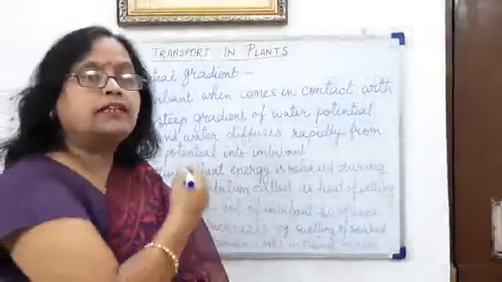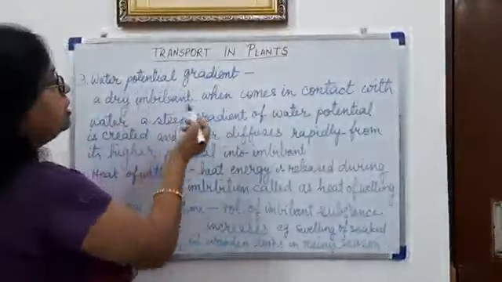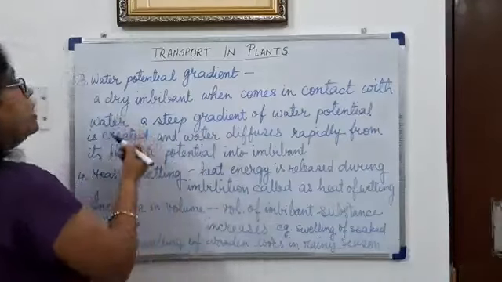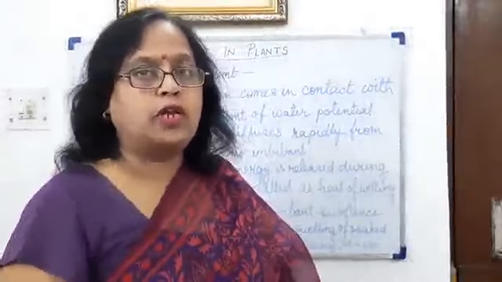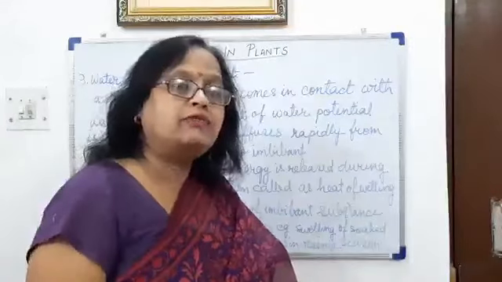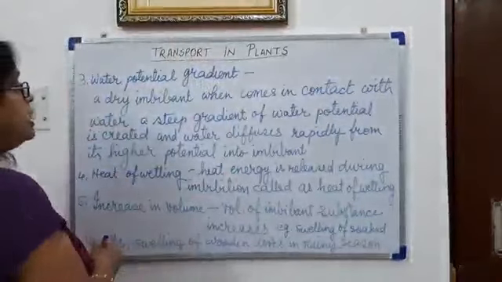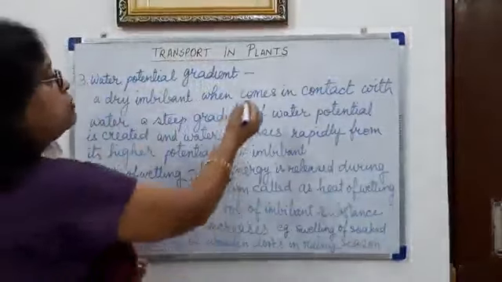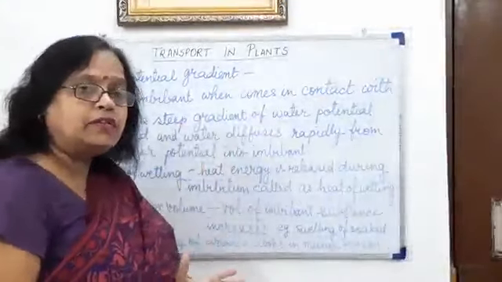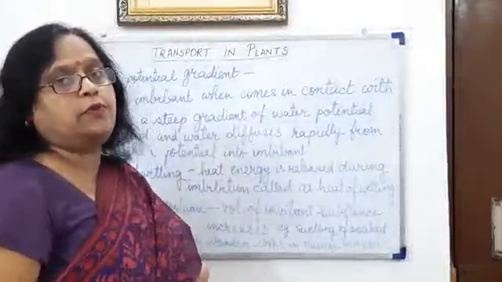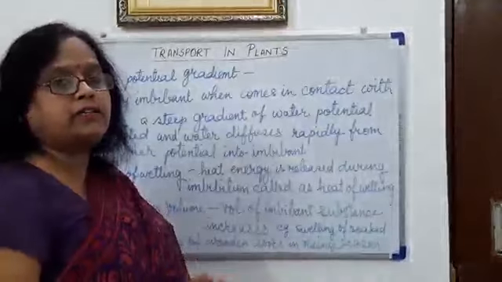Now the third characteristic is water potential gradient. As I told, the fewer the water molecules, the lower the water potential. So a dry imbibant, which has very low water potential, comes in contact with water, which has the highest water potential.